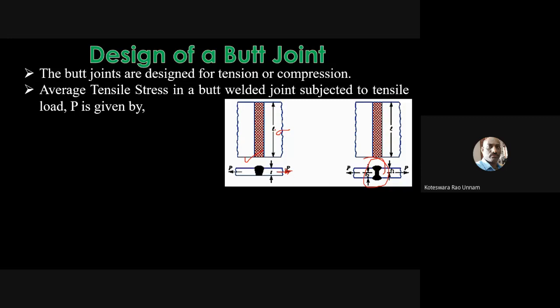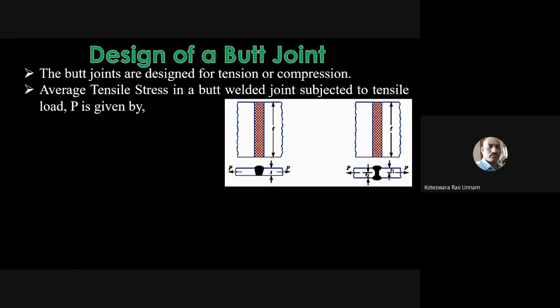One is where you need to identify the dimensions of the weld; that is a design problem. Or else they give you the dimensions and ask you to calculate the load carrying capacity of the joint; that is an analysis problem. So you may encounter either a design problem or an analysis problem.